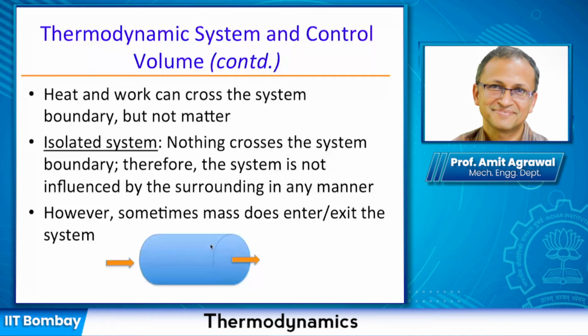In this volume, mass is coming in as shown by this arrow, and it is leaving as shown by this arrow. As mass comes in, it brings in momentum and energy, and similarly, mass, momentum, and energy are going to leave this control volume. So I have to account for how much is coming in and how much is going out to know how much net mass, momentum, and energy I am left with in this control volume.